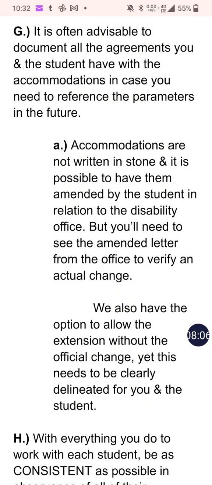And also with this, keep in mind that accommodations are not written in stone, and it's possible to have them amended by the student in relation to the disability office, okay?